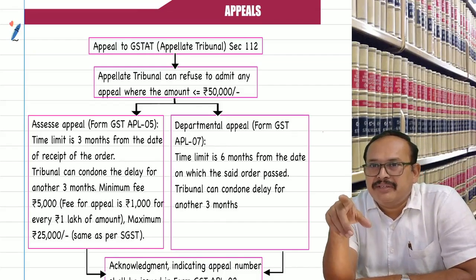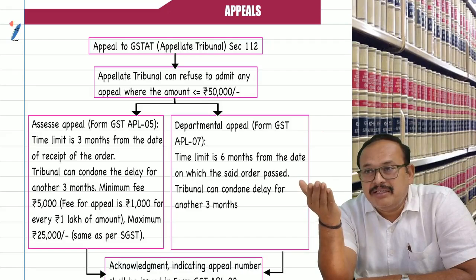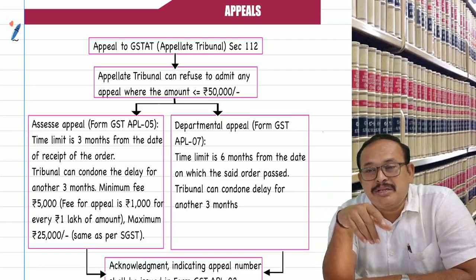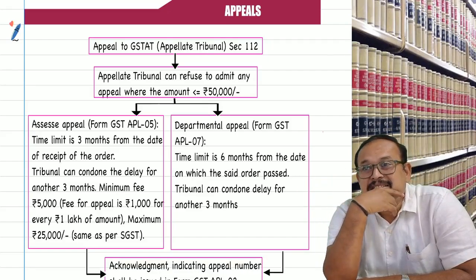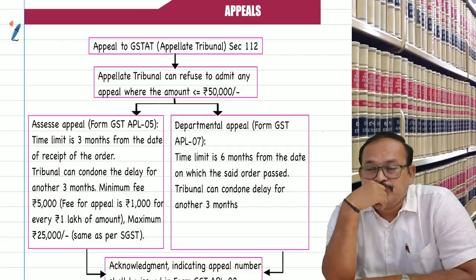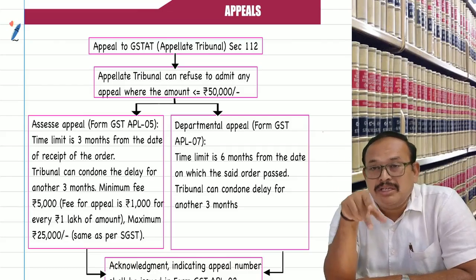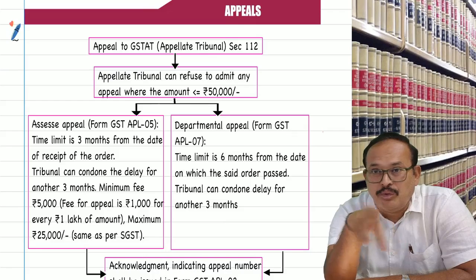At the same time, when I refer to the refund chapter, you can't ask for refund if the amount of tax is less than rupees 1000 under the CGST Act. Less than 1000, no refund. As per SGST, less than 1000. Totally less than 2000, no refund.